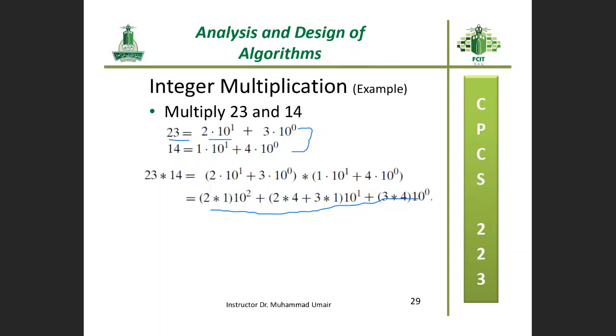If you use this notation for representing the numbers, how many multiplications do you need? In this expression, you can observe 1, 2, 3, and 4 multiplications, which is equal to the number of multiplications required to multiply two numbers in the traditional way. Is that clear?